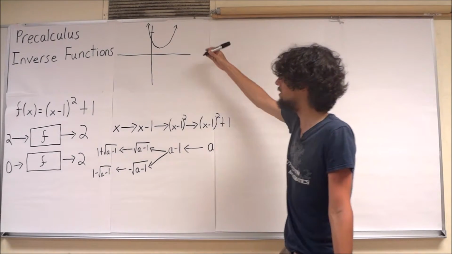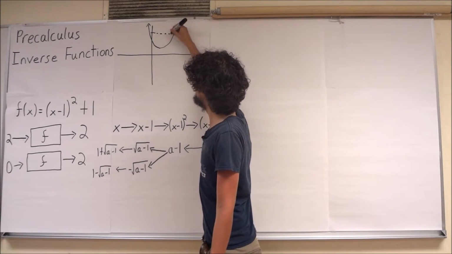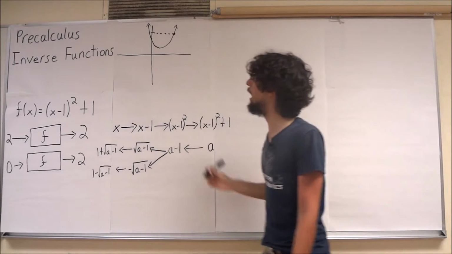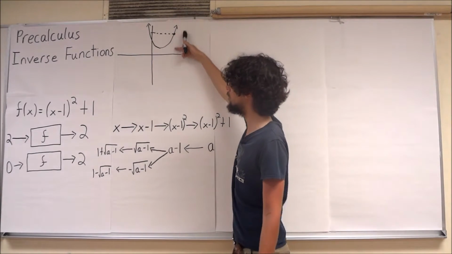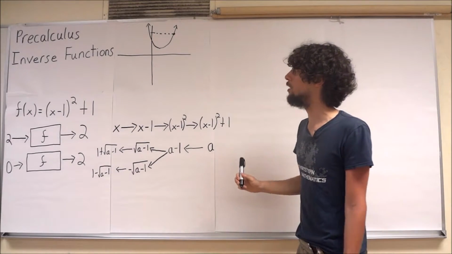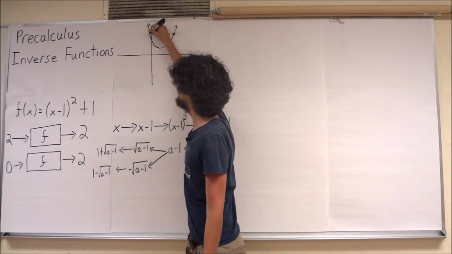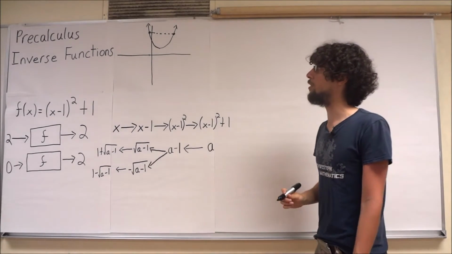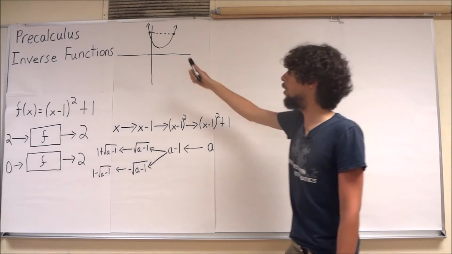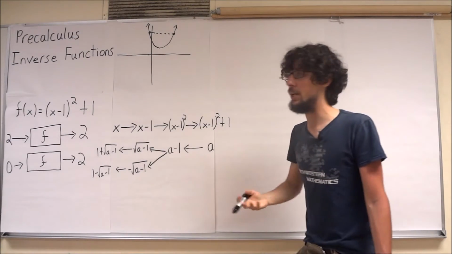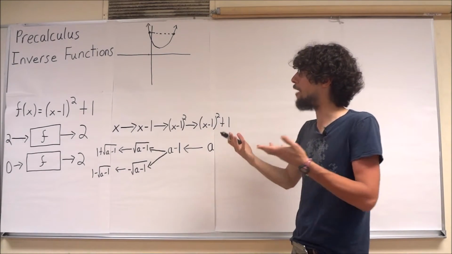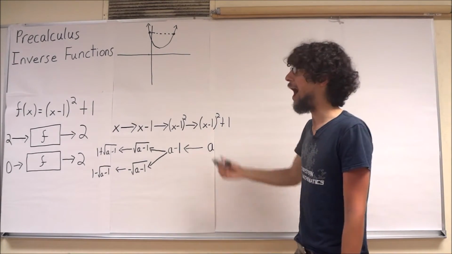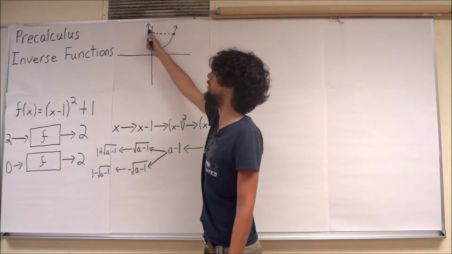Well, I can see quite clearly that there's one x value over here that's associated with this y value, and another x value over here that's associated with this y value. So when I plug this y value in and ask what f inverse returns, I get two possible values.